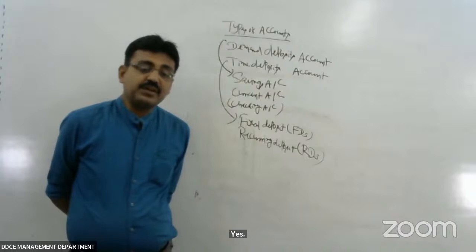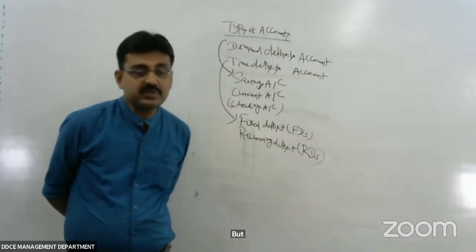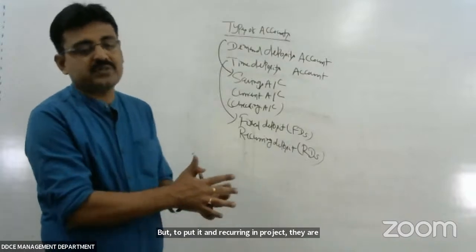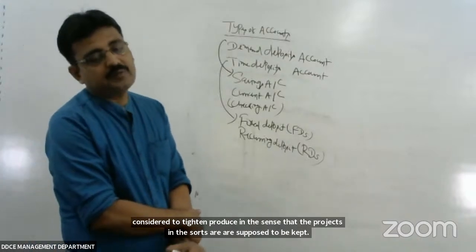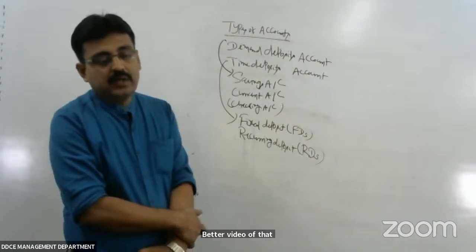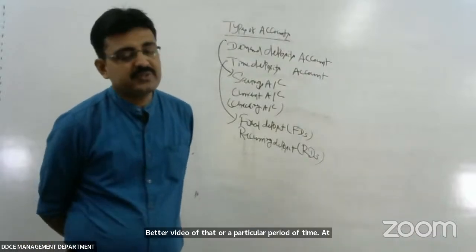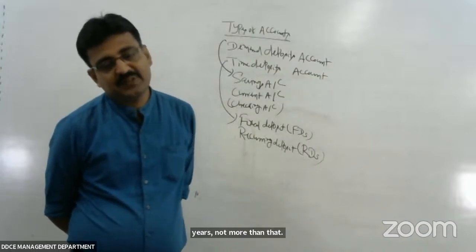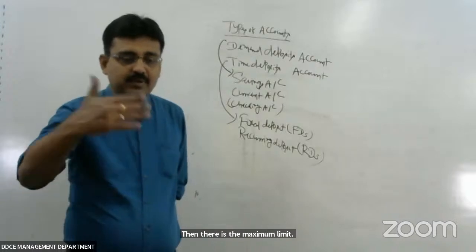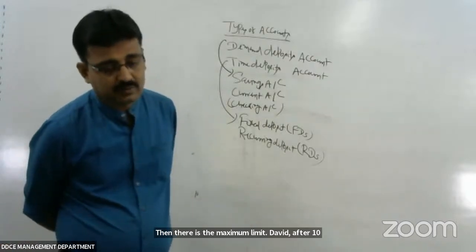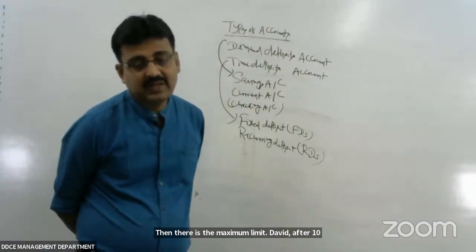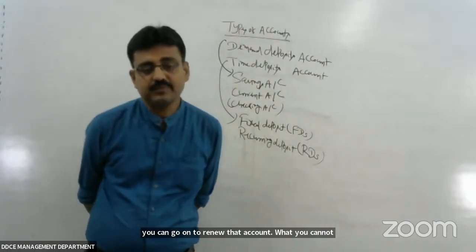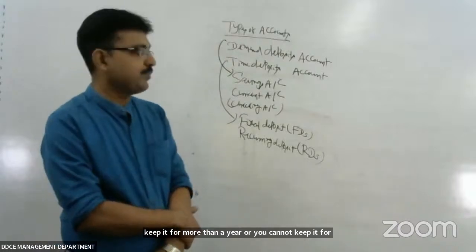Fixed deposit and recurring deposit are considered to be time deposits in the sense that deposits into such accounts are supposed to be kept for a particular period of time. The time period varies from 7 days to 10 years, not more than that. 10 years is the maximum limit. After 10 years, you can renew that account. But you cannot keep it for more than 10 years or for less than 7 days.